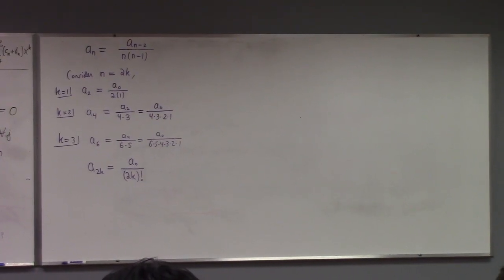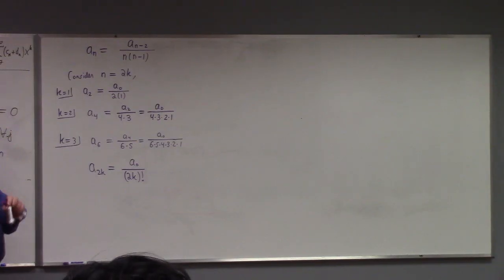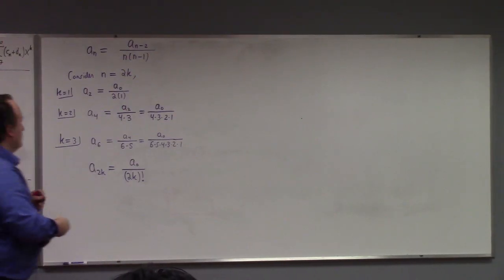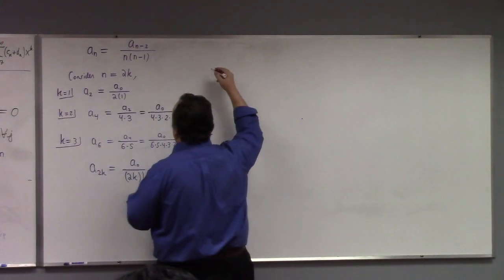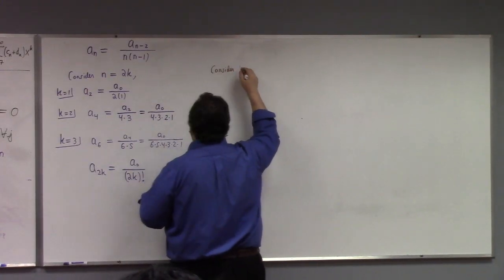Now, the other possibility is you could look at odd coefficients. I know as I look at this that odds are linked to odds and evens are linked to evens, because the recurrence relation links every two. Part of what made example 1 so hideous is that it wasn't like that. It was all intermixed.